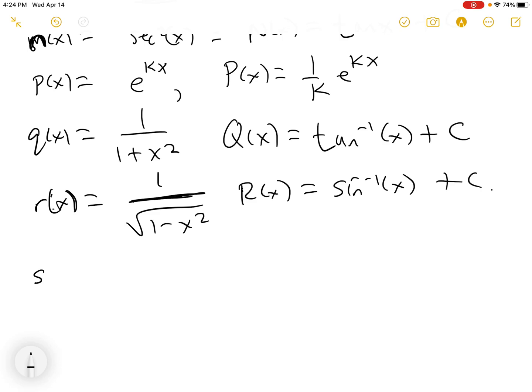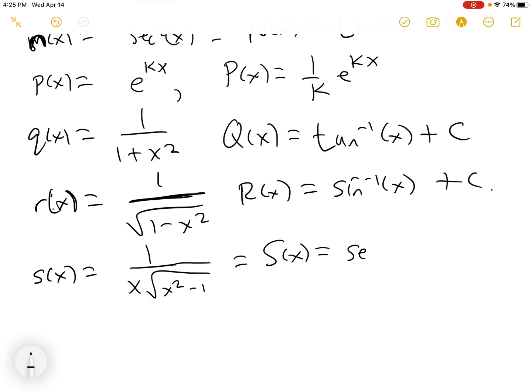And so what if we had, all I'm doing is thinking backwards here. What if I had 1 over x times the square root of x squared minus 1 for my s? What's cap S? What's secant inverse? All right, so we're just going backwards here.